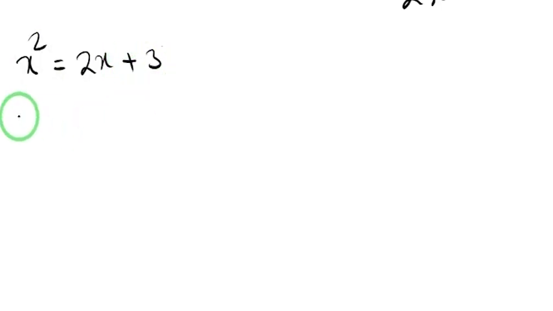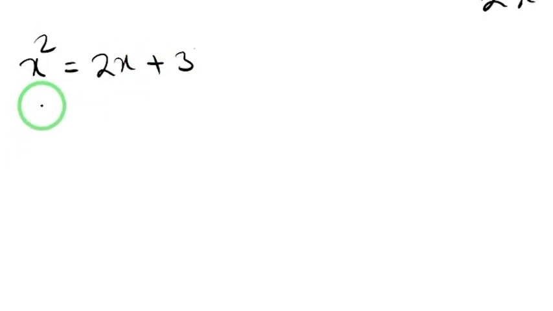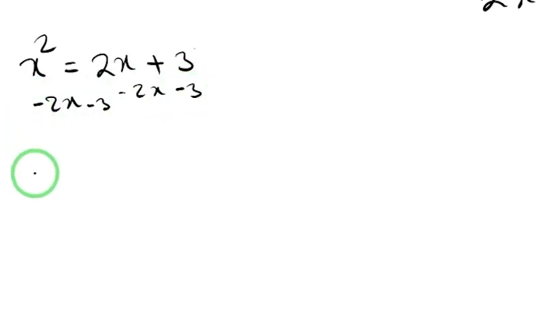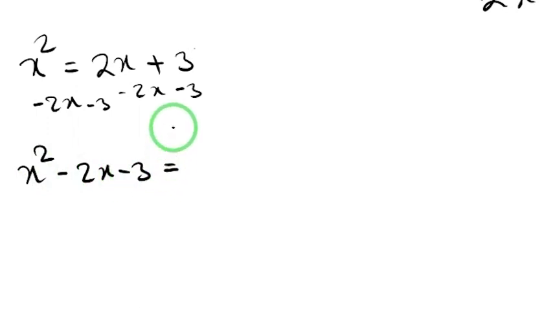Then we can write x squared equal to 2x plus 3. Then we subtract 2x and 3 from both sides. On the left side remains x squared minus 2x minus 3 equal to, this one is simplified by this one, and 0 remains.